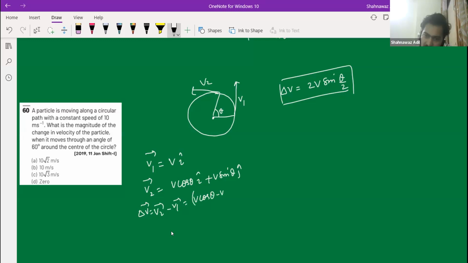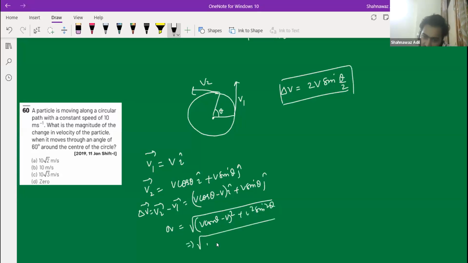So magnitude is how much? (V cos theta minus V) whole square plus V square sine square theta, which gives V square plus V square minus 2V square cos theta, and then V square sine square theta.